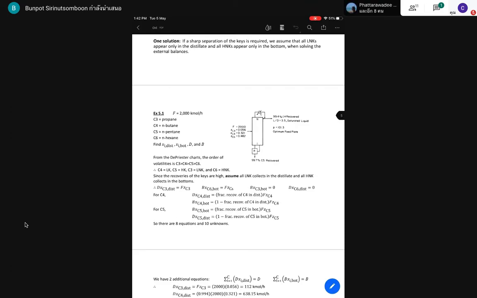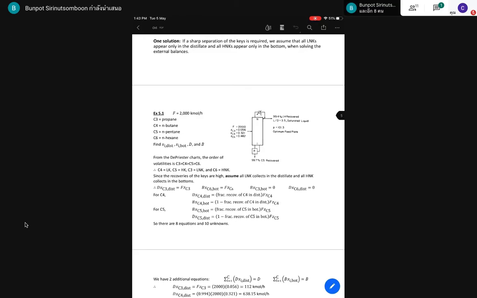Another assumption is that all the heavy non-key goes to the bottom, and there is no heavy non-key going to the top. So it's a complete separation of the non-keys. That's one of the basic assumptions, which is usually not true in real applications.